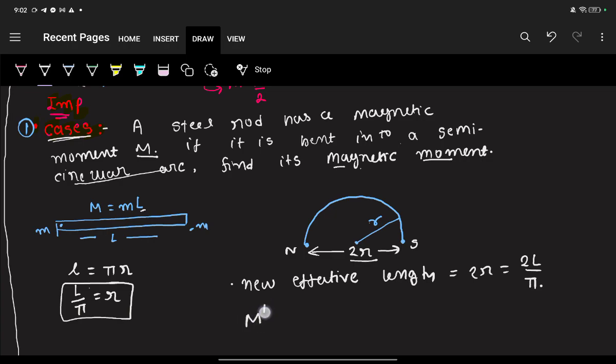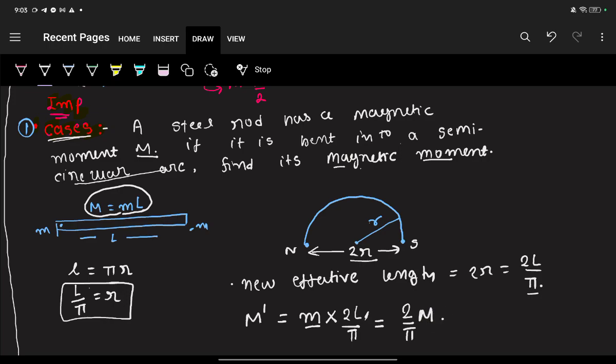So the new magnetic moment would be simply the strength of the pole multiplied by the effective length, that is m multiplied by 2L by pi. That is 2 by pi, and what was m multiplied by L? It was our initial magnetic moment.